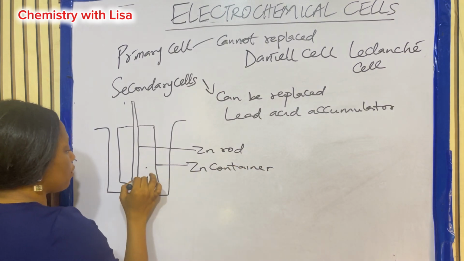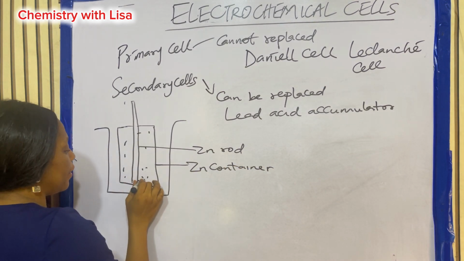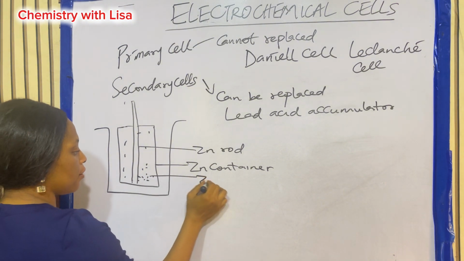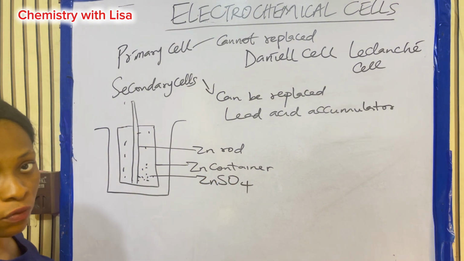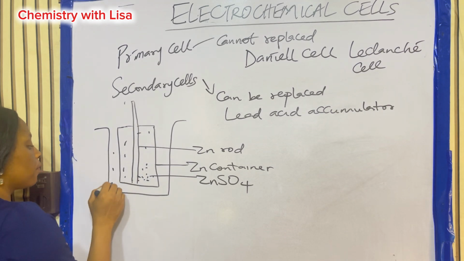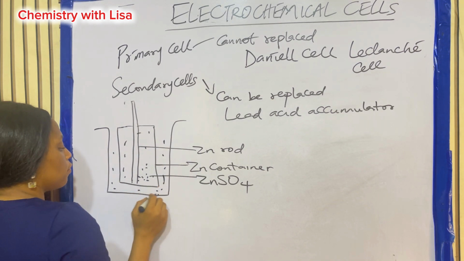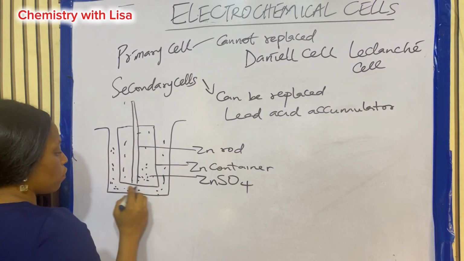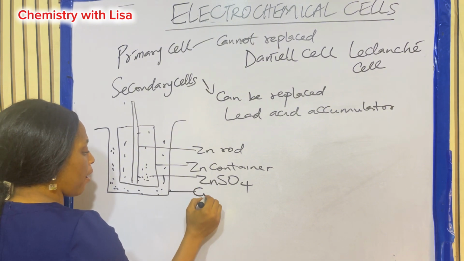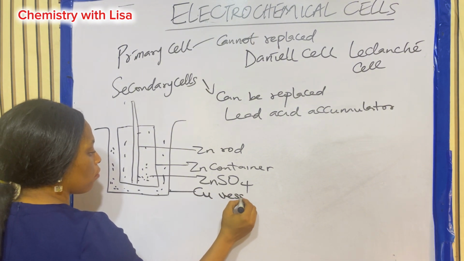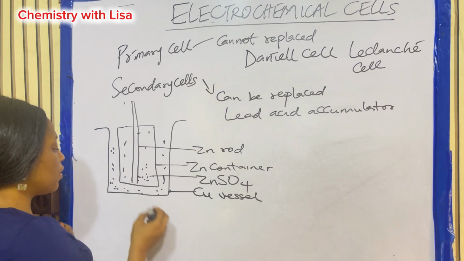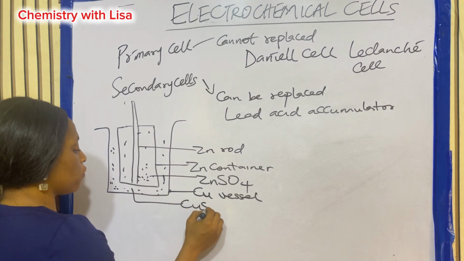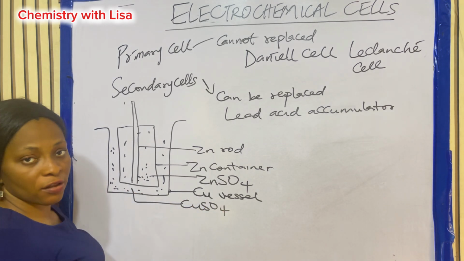And it contains what we call electrolyte, and the electrolyte is zinc tetraoxosulphate(VI). Then the bigger one is what we refer to as what? This is copper vessel, which also serves as the electrode, containing copper(II) tetraoxosulphate(VI) electrolyte.